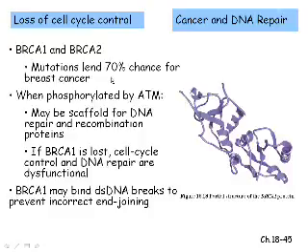So BRCA1 and 2: mutations in them will increase the odds of breast cancer by 70%. If they are phosphorylated by ATM, this protein that scans for DNA damage, they provide a scaffold for DNA repair and recombination proteins to come in and do their job.